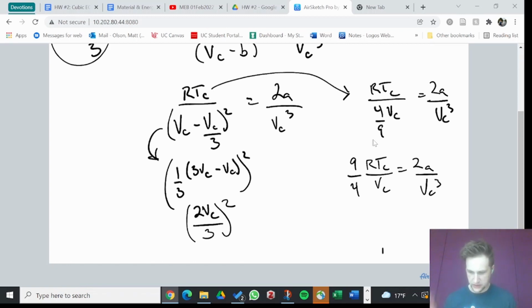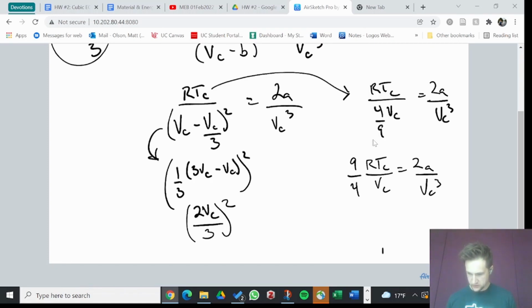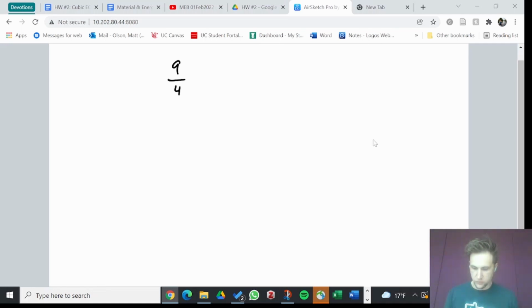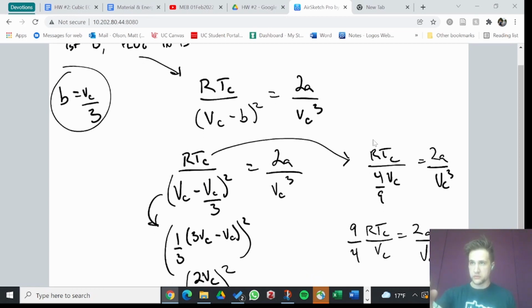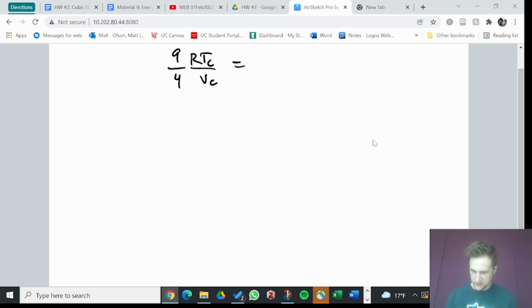And so now let's transfer this over to solve for A. And so what was that again? That was 9/4 RTC divided by TC, 9/4 RTC over VC equals, what was it? It was 2A divided by VC cubed.